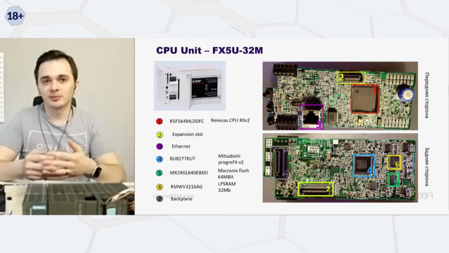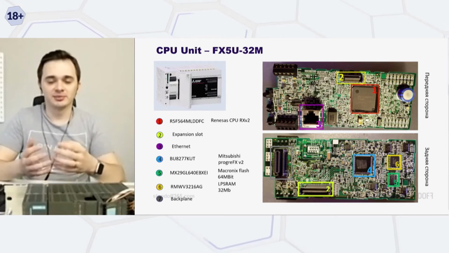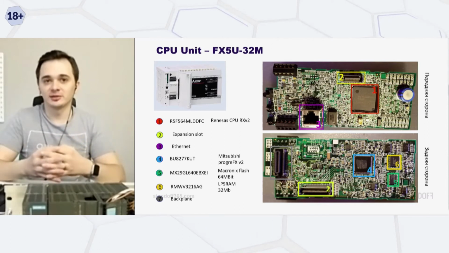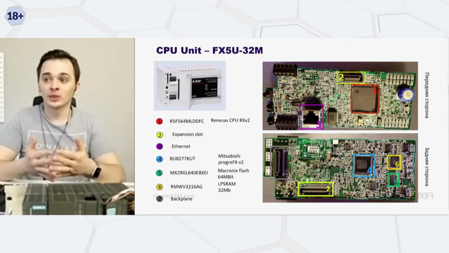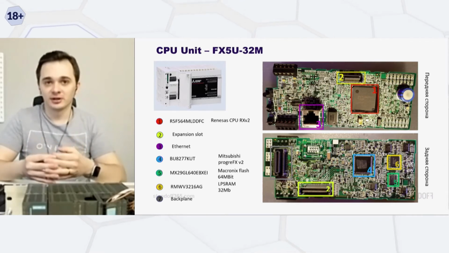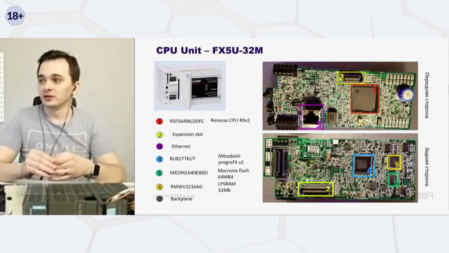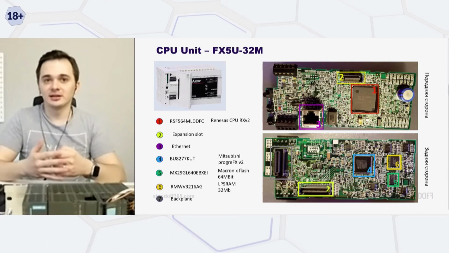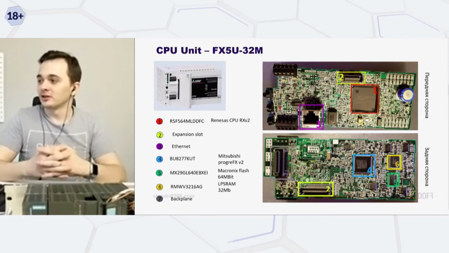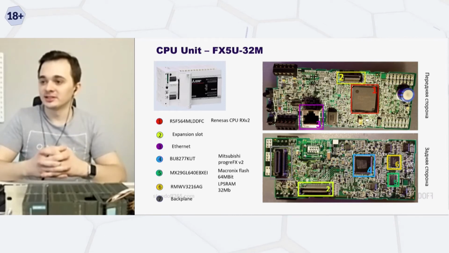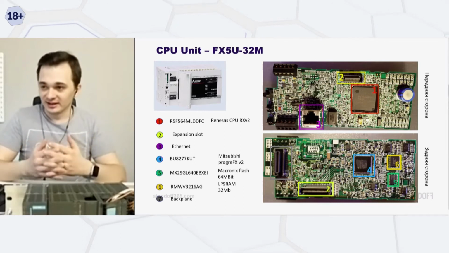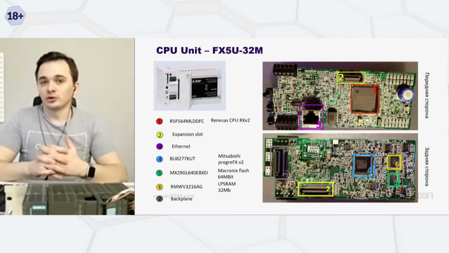The firmware of this PLC is processed by the CPU, so all the firmware, all the updates, all the downloads of the programs, all of this is processed by the central processor, which is marked here as 1. But the program itself is processed by a special processor identified as 4. And this is quite a frequent case. We see that kind of separation of duties in practice.